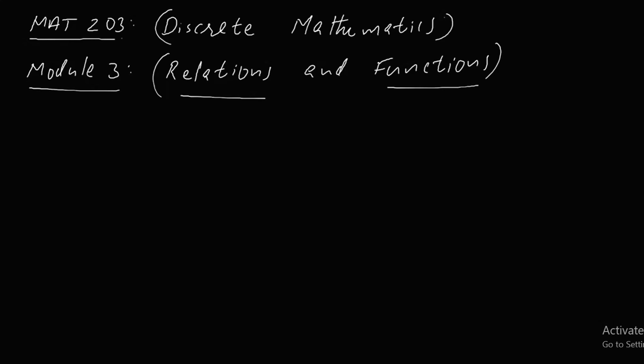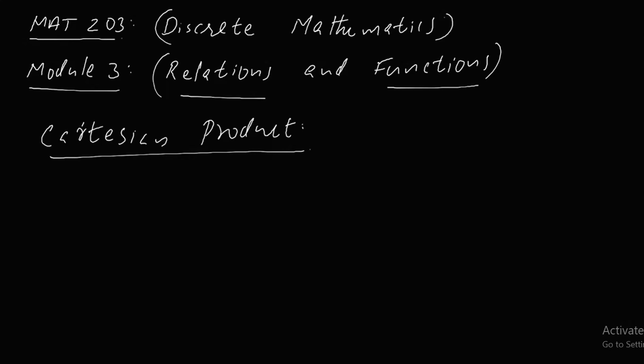So first let's go to the definition of these two things, relations and functions. Before we start, the first term is the Cartesian product. Let A and B be two sets.